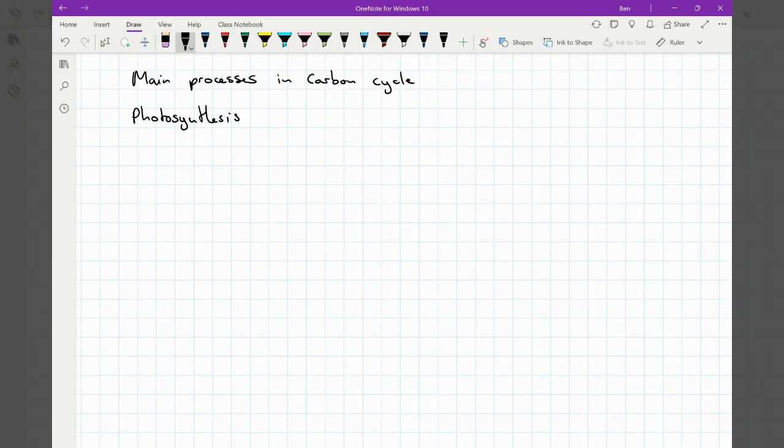So this is where we have some basic inorganic molecules like water and carbon dioxide, and in the presence of light energy and chlorophyll, it converts this simple inorganic carbon dioxide into something really valuable, a high energy store of carbohydrate.